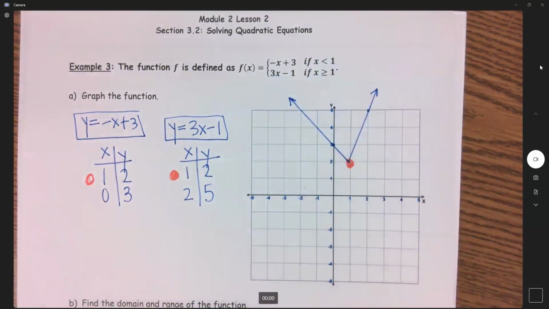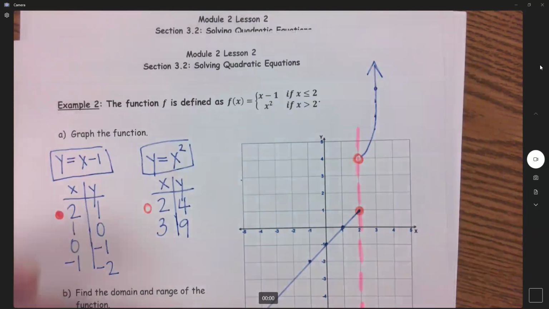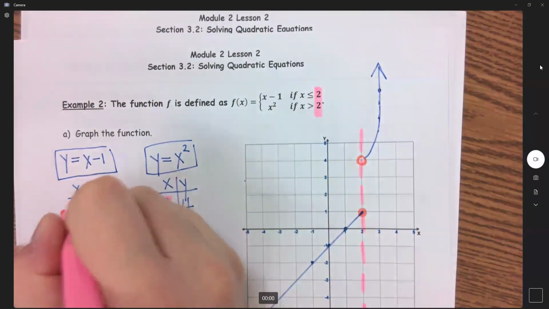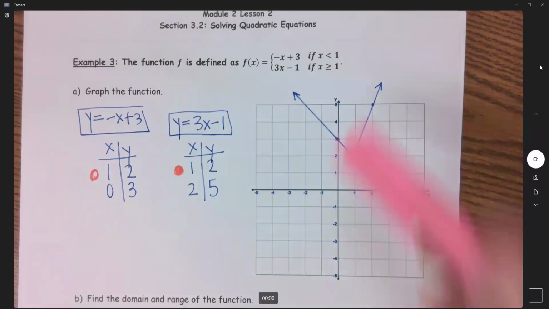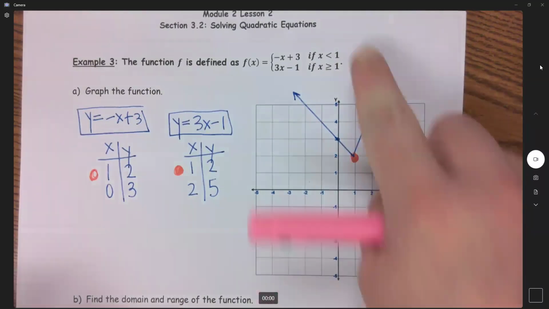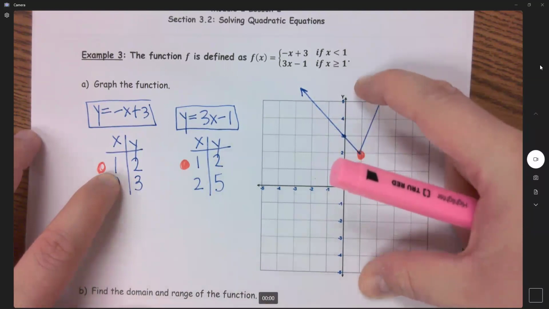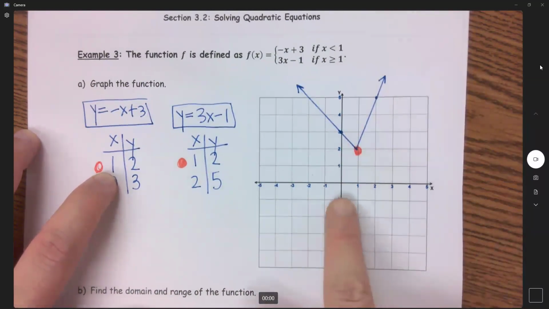This graph, unlike this one, which was breaking here at 2, so we included 2 on both of these. This one is breaking at 1. So these ones need to be the first one in my graph because this is where this graph is going to break. It's going to look different on the left as it does on the right of x equals 1.